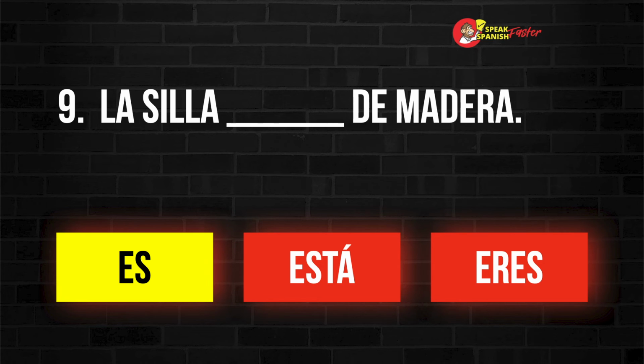And then of course, la silla is third person singular. Now, let's say if this was plural, las sillas, then we would say las sillas son de madera, because that would be plural third person, but this is singular third person, so es.